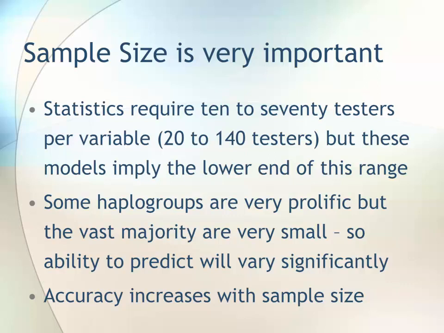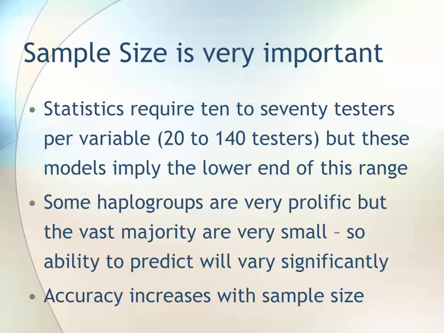If you go ahead and do it with only 10 testers, it could be pretty accurate, but you need to be on the lookout that your constants will change in the future, and the accuracy of your model is not really going to be accurate once you get a higher sample size. Also, the sample size varies dramatically between haplogroups of the same age. Some were lucky to have conquered all their neighbors and enjoyed the benefits of the conquest, and others were conquered and barely survived.